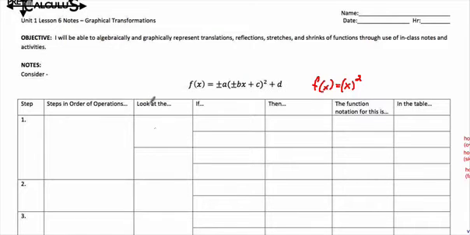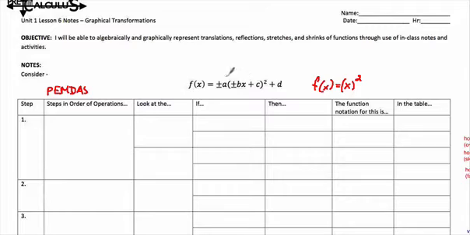I want to first tell you that order matters. We're going to follow PEMDAS, order of operations, so that we get the right transformation. We start inside the parentheses, and inside those we do the multiplying. So this b is being multiplied times x before we do any adding.